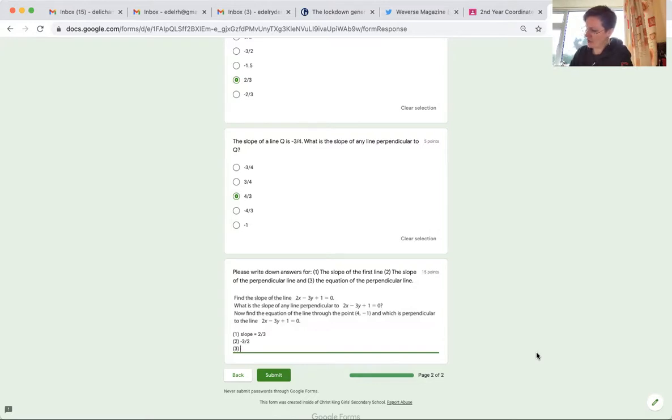We've got 2 bracket y plus 1 equals minus 3 bracket x minus 4. Multiply out your brackets. 2y plus 2 equals minus 3x plus 12, and bring everything to one side. 3x plus 2y plus 2 minus 12 equals 0, and add the like terms of the numbers to get this final answer. I'll stop sharing so you guys can see this.